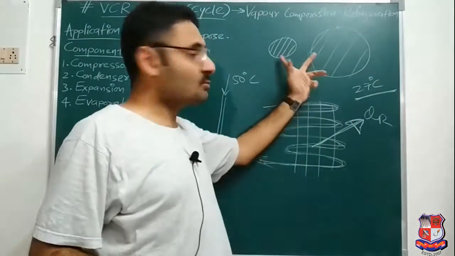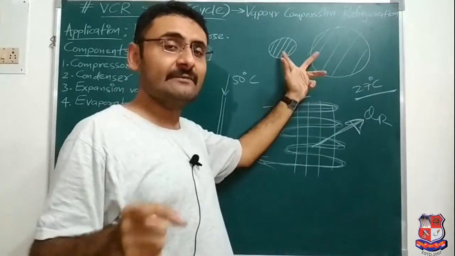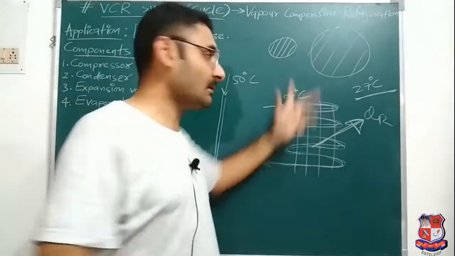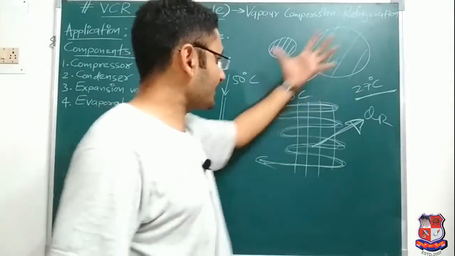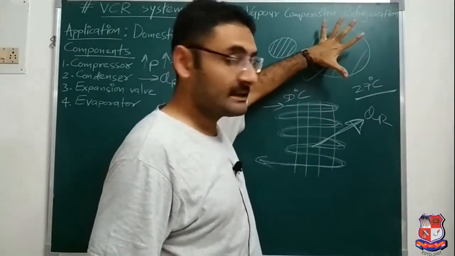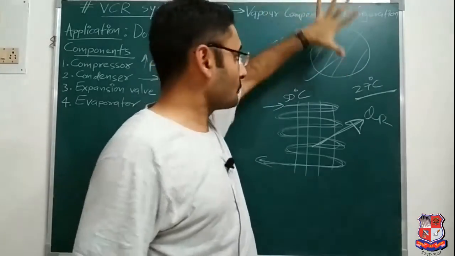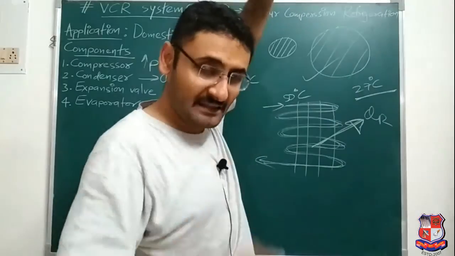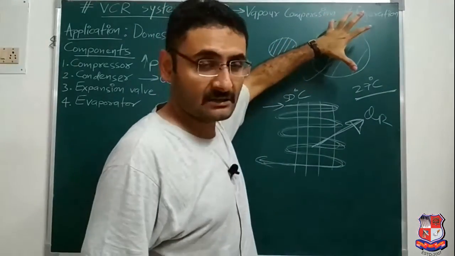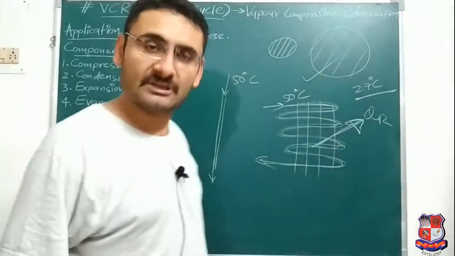So among those two cases, in which case will your tea cool earlier? Obviously, in the saucer the tea will cool earlier. Why? Because the surface area of contact of your tea with the surroundings is more, so more heat dissipation is there, and due to the more heat dissipation, within a shorter time the tea will achieve a lower temperature.